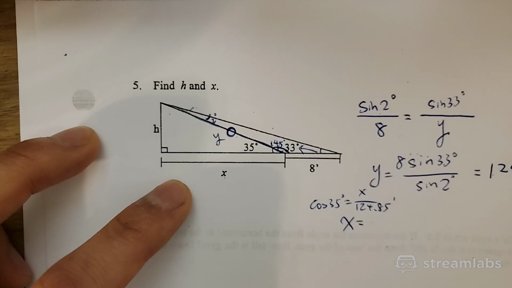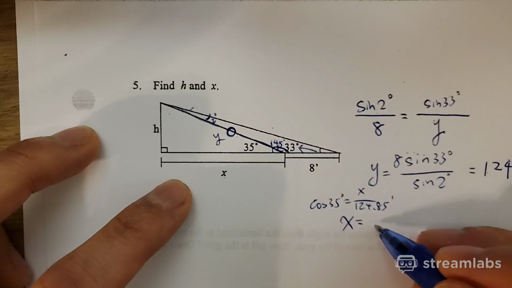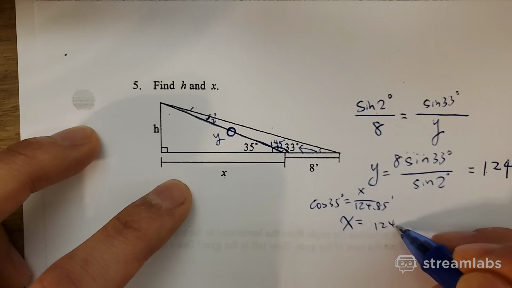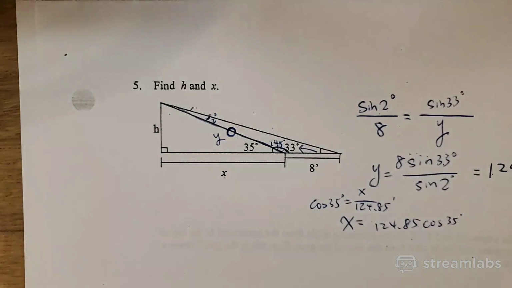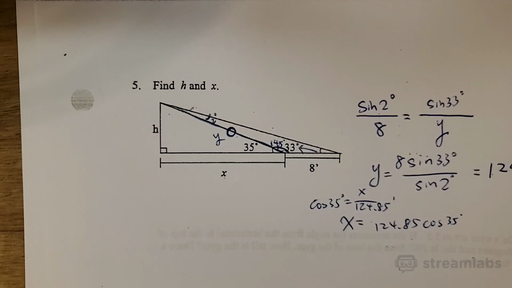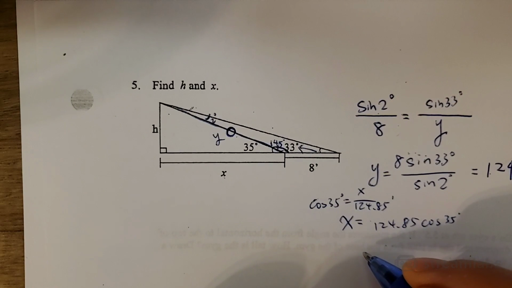So that means when you're doing x, that will end up being 124.85 times cosine 35 degrees, which is 102.27.